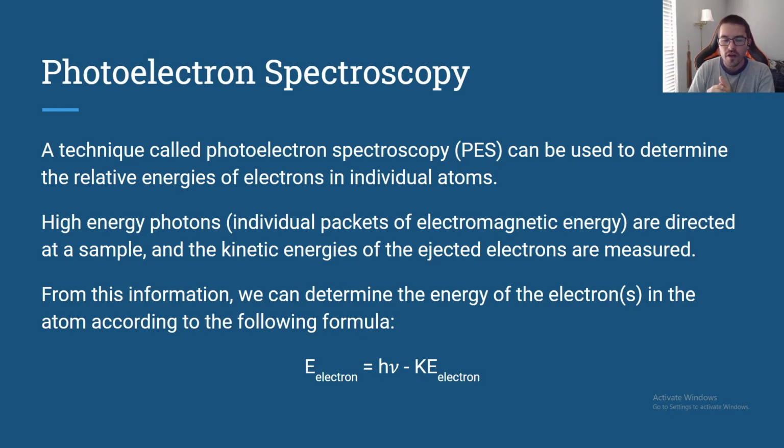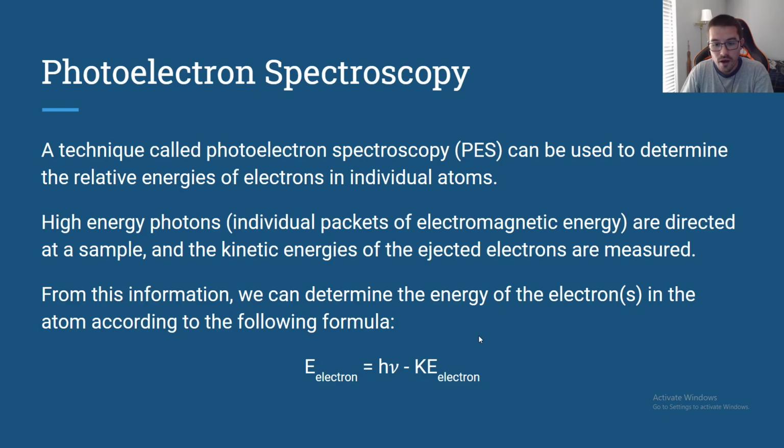What they do is take the highest energy or highest frequency photons they've got and blast them at the sample, and they do a little bit of clever math with the electrons that get ejected to come up with the energies for each of the electrons they're observing. I'm going to go into some more detail on this equation here in the problem-solving version of the video.